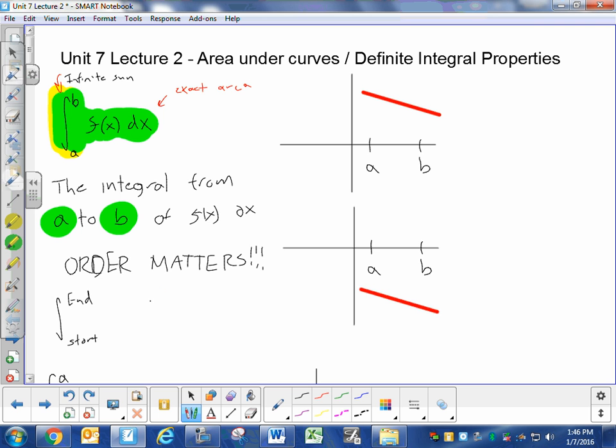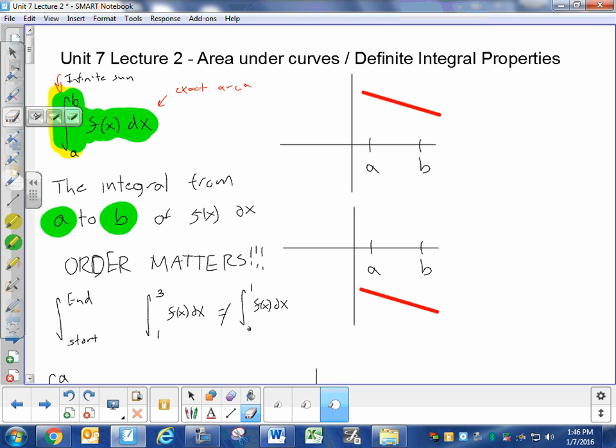Because an infinite sum from, say, 1 to 3 of some function is going to be different than an infinite sum from 3 to 1. And we'll see what the difference is in a little bit.